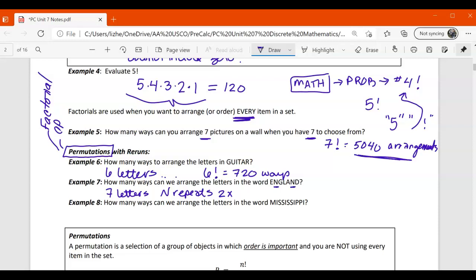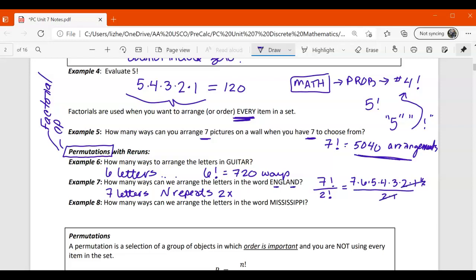So then what we're going to do is, since this has 2 repeats, we do 7 factorial, but then we have to divide out what repeats, which is one letter 2 times. So that would be a 2 factorial. Which leaves us with, and you can set this up in your calculator, but you could also just write it out a little bit. All right, and then that's divided by 2 times 1.